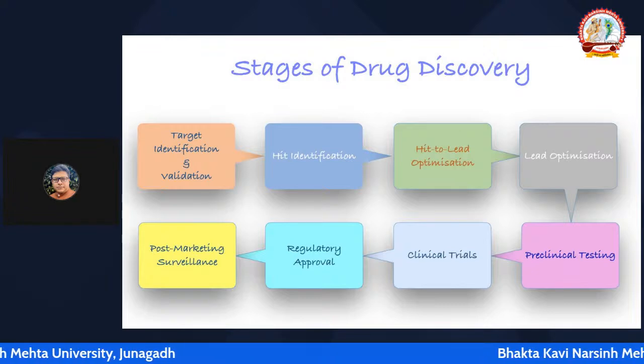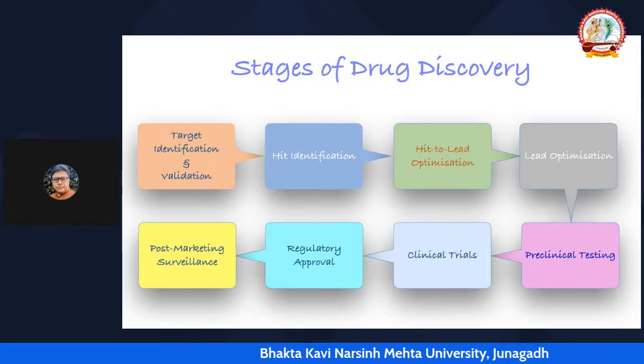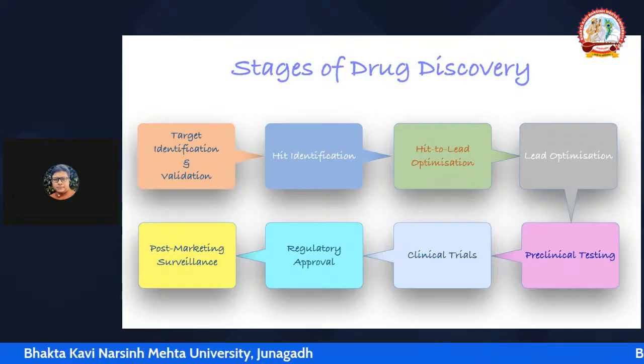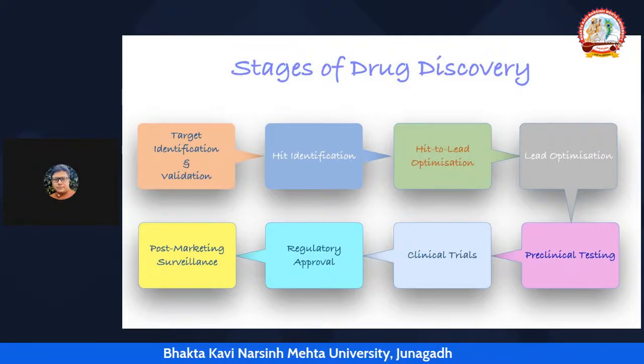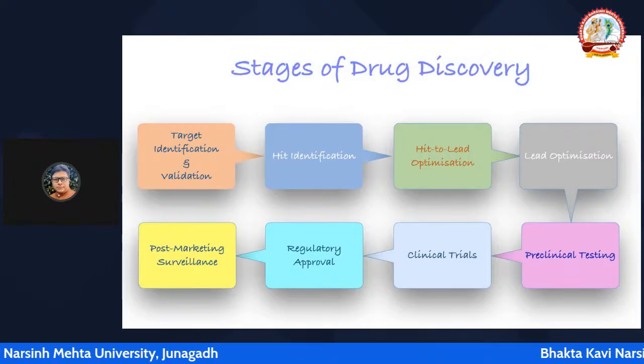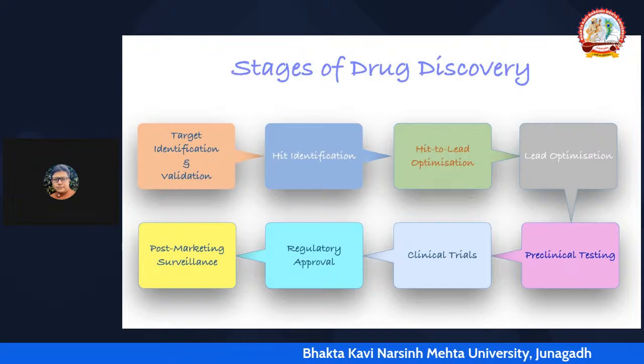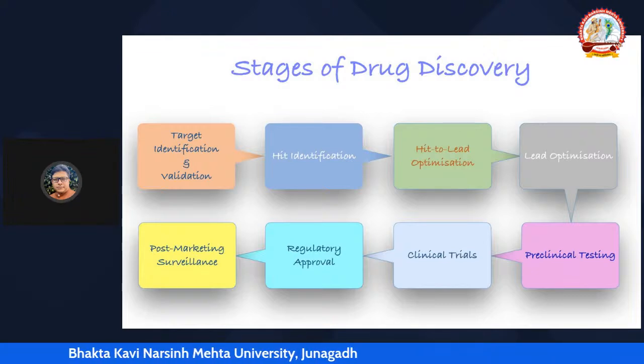Validation is the second term in target identification and validation. Validation means that the target is of therapeutic importance. I can give you an example. Certain antibiotics have their desired action only on microorganisms, but not on humans.